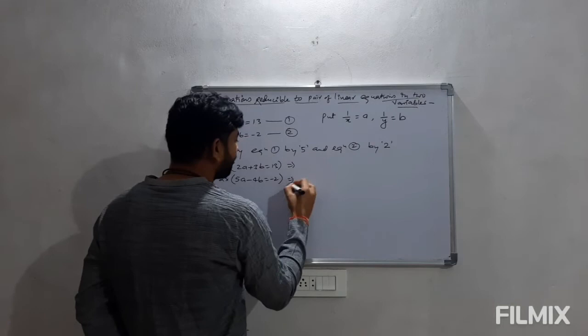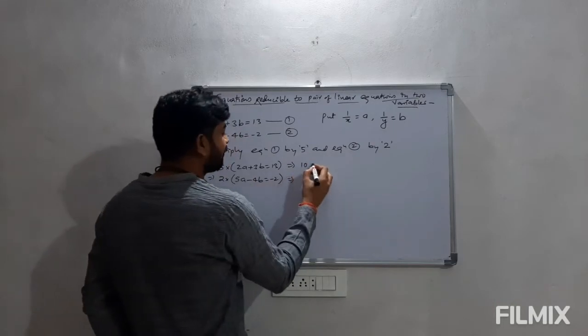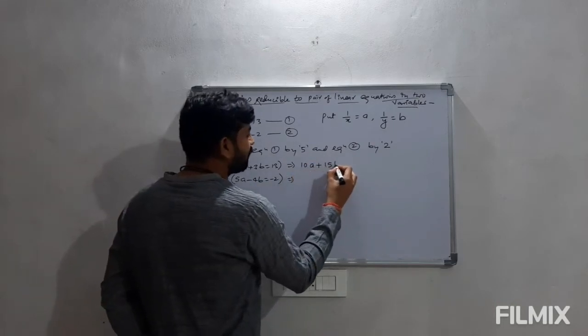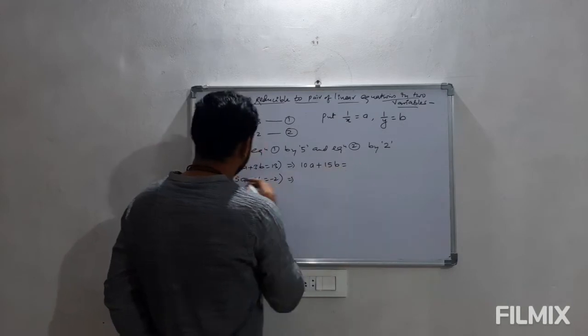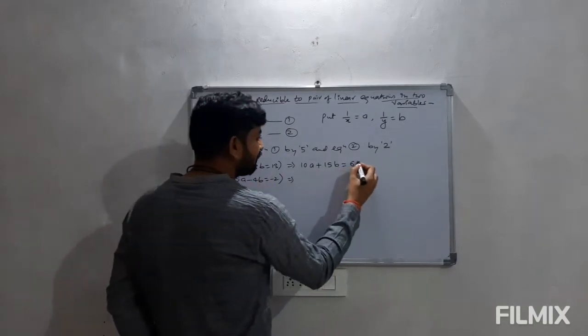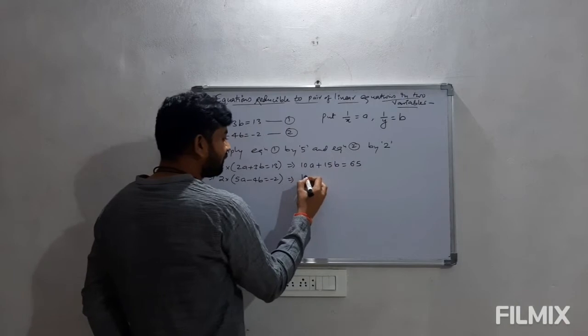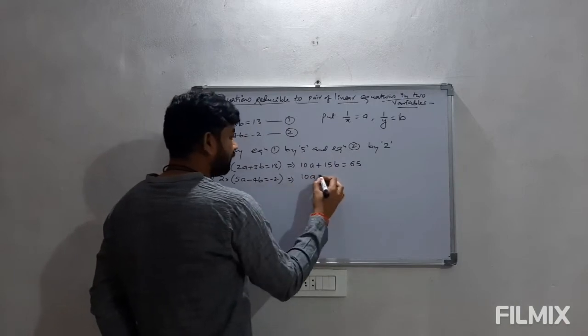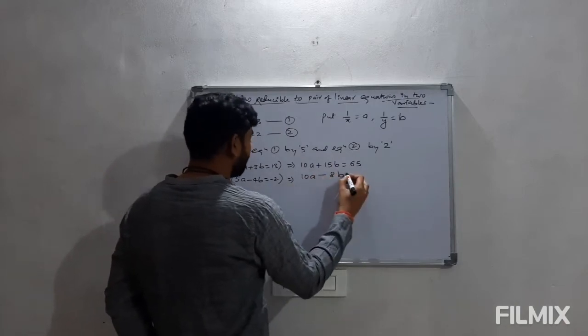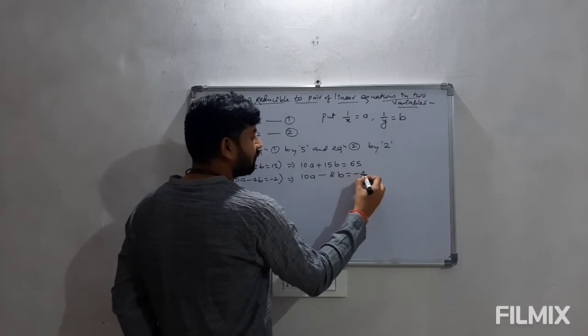From here we are getting 10a plus 15b is equal to 5 into 13, that is 65. Here I am getting 10a minus 8b is equal to minus 4.